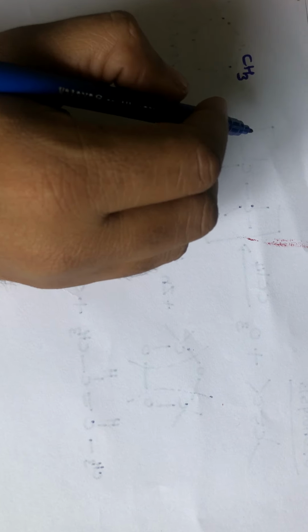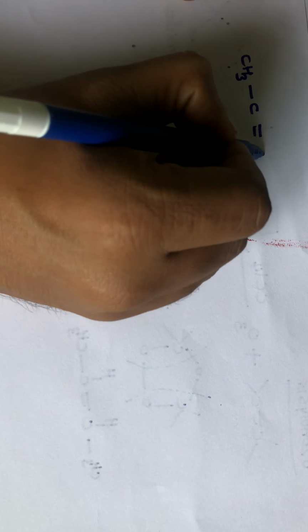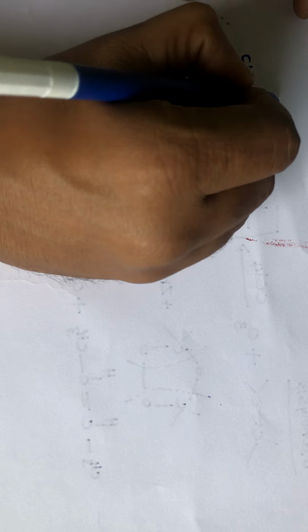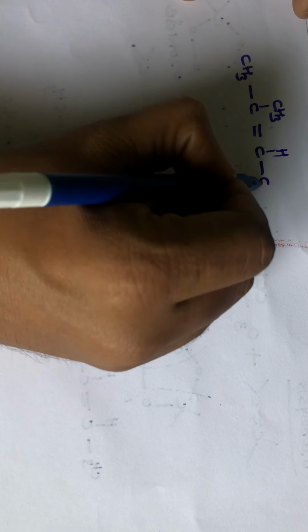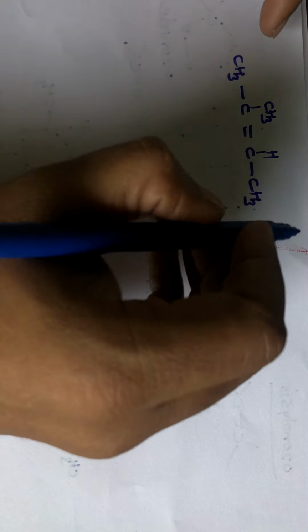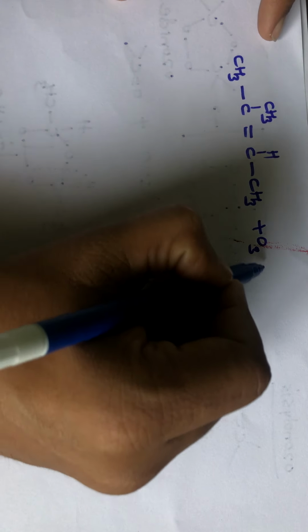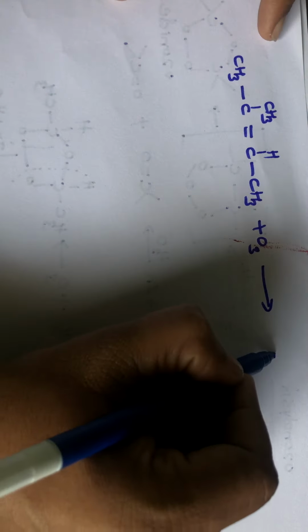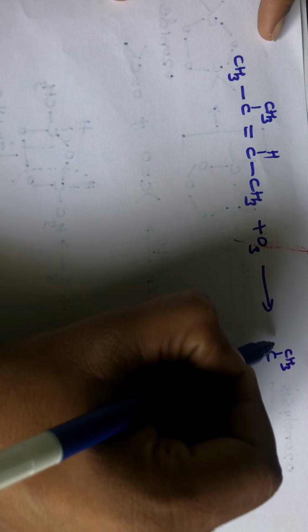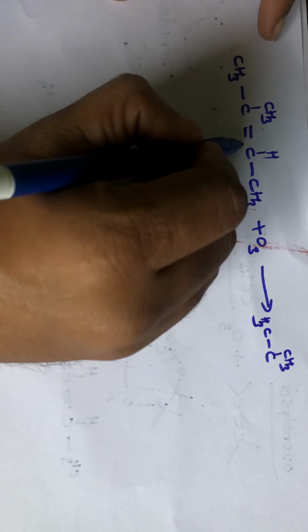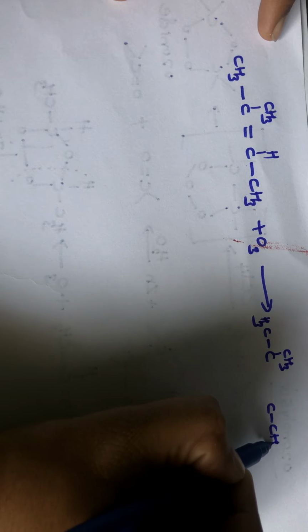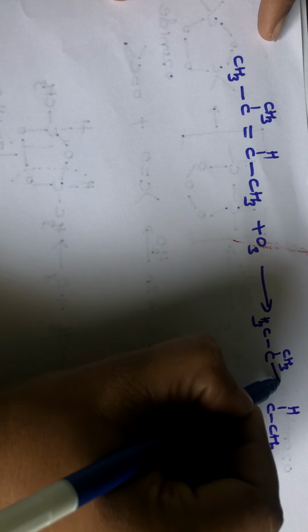Now, CH3 C double bond CH CH3, with another CH3 on the carbon. When it is treated with ozone, what happens?